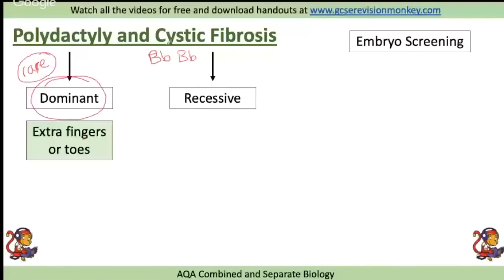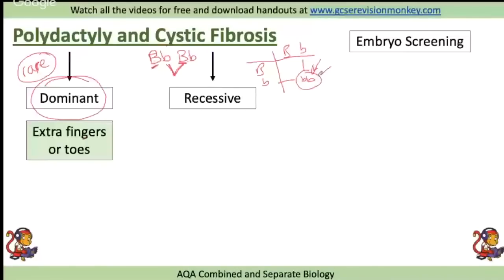If those 2 parents were going to have a baby, they themselves would not have cystic fibrosis because they've got a dominant allele for not having the disorder. However, if those 2 people reproduce and had a baby, because of the genetic cross, which we did a heterozygous one before, you would end up with 25% chance of their child having cystic fibrosis.